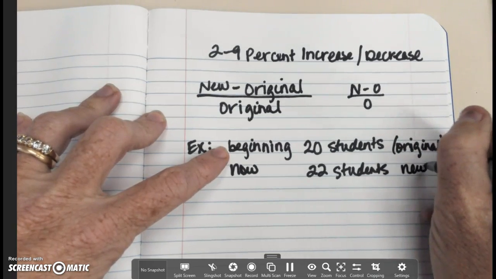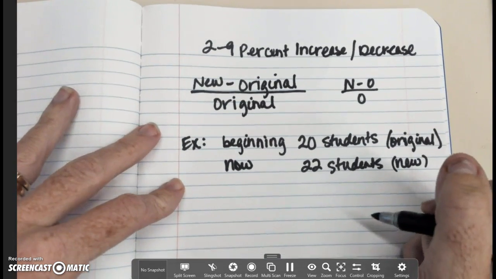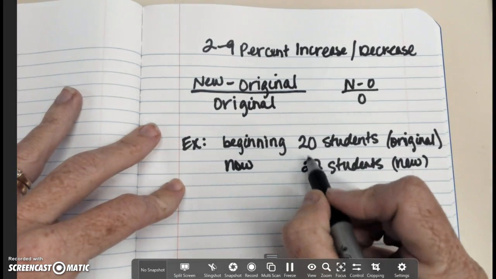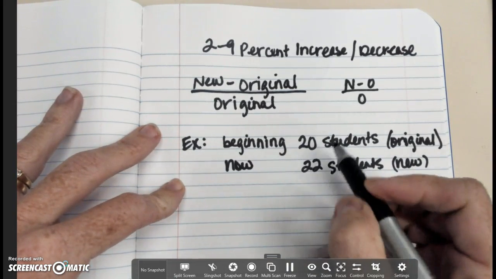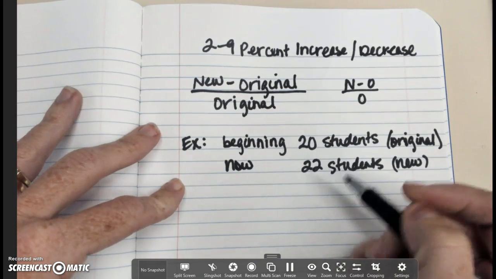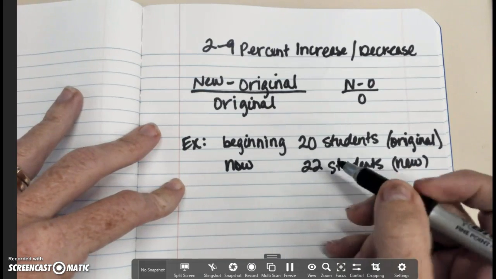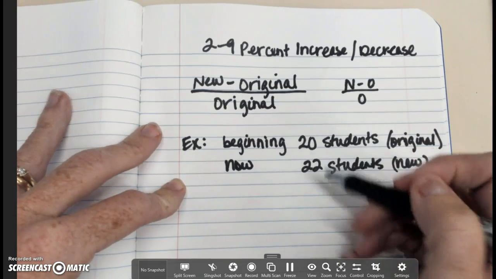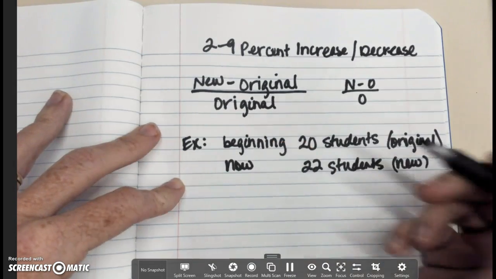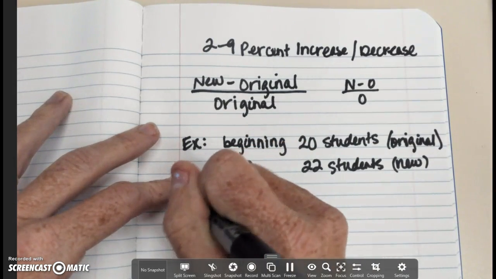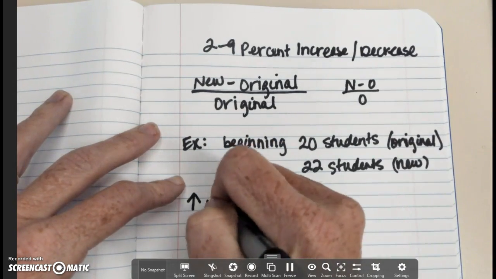And our new amount are the 22 students. Makes sense, right? So we're going to find the difference between our original amount and our new amount. So just think about, first of all, are we increasing or decreasing? Do we get more students or do we have some students go away? So we have more students, so we know that we're going to be increasing or going up, right?